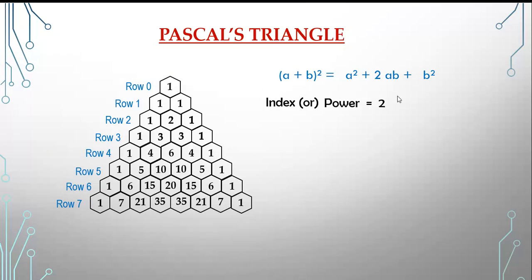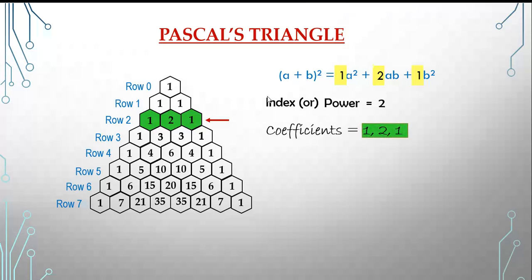Yes, they are 1, 2, 1. Now, let's go back and see Pascal's triangle. The numbers in the second row are the same as the coefficients in the expansion with index 2.